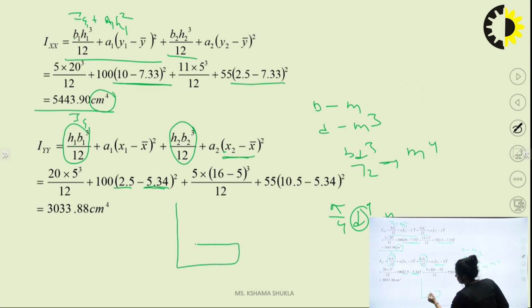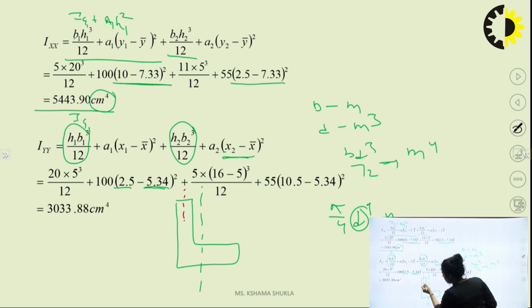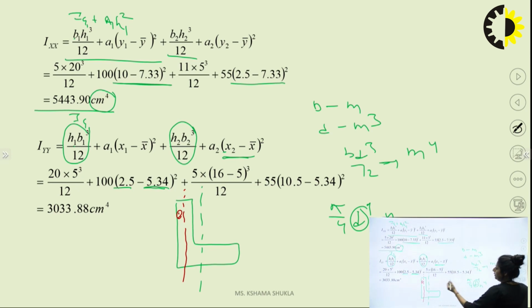This is the L section. Our reference axis is here. I'll make one axis here to make it clear. The neutral axis of this first section is this. And the distance of the reference axis.